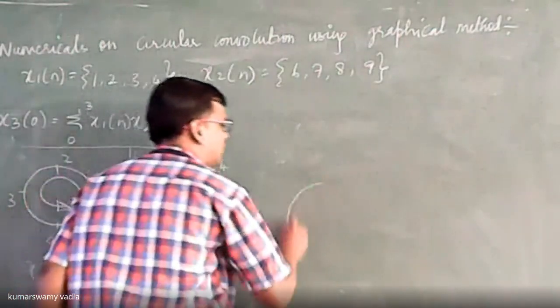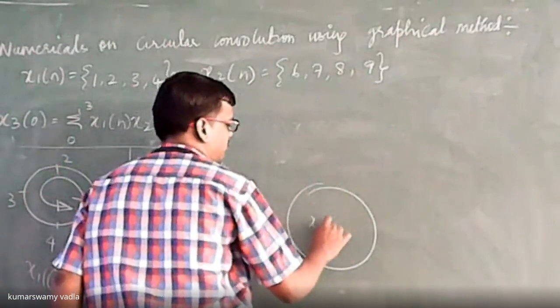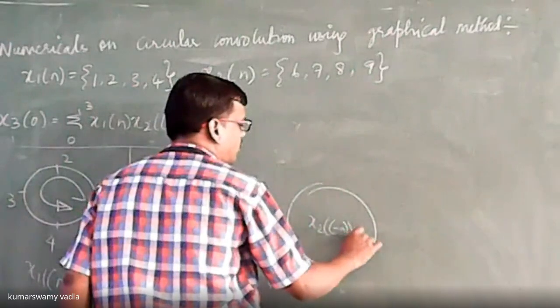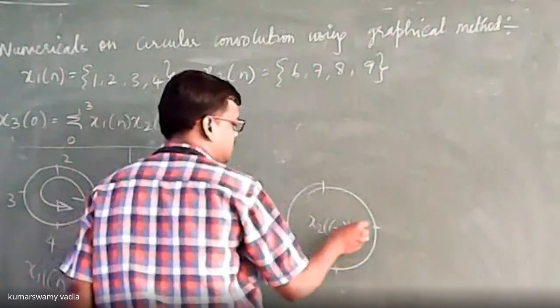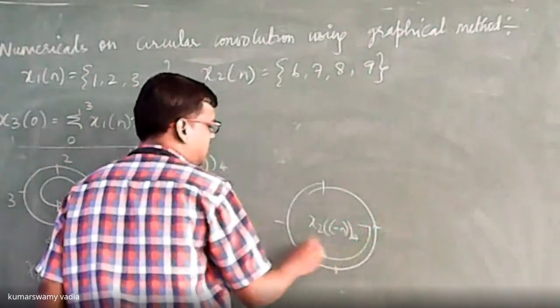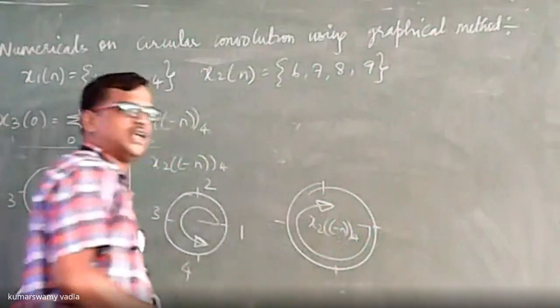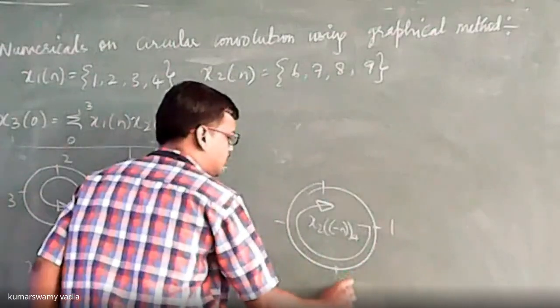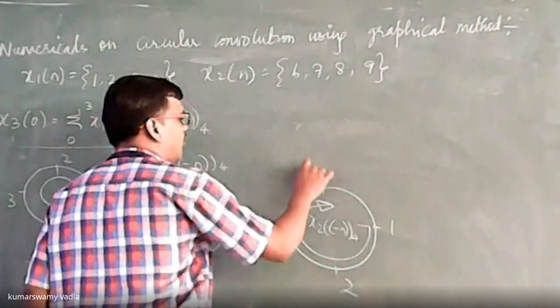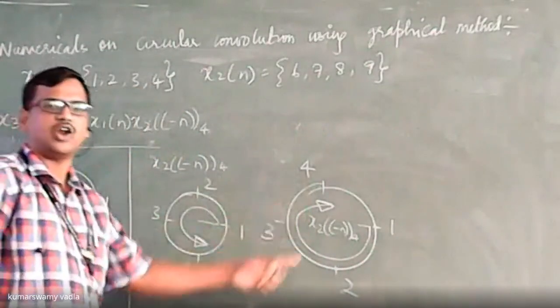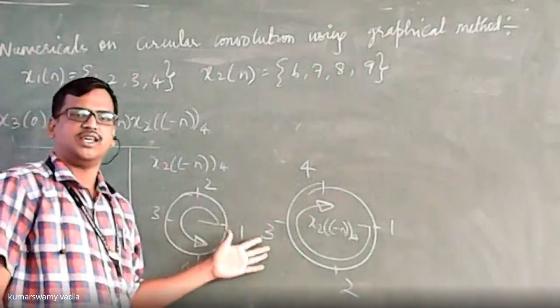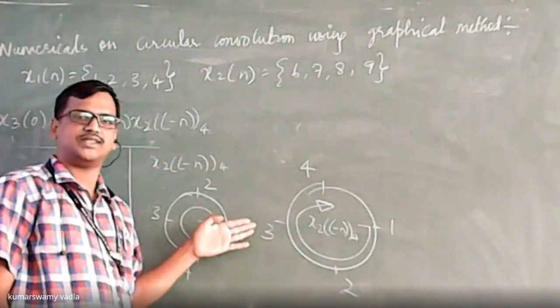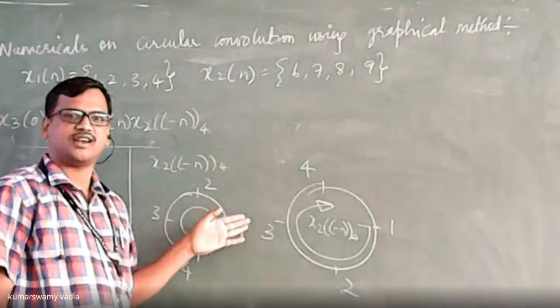Now, to get x2 of minus n modulo 4, you should rotate this in clockwise direction. So, this becomes 1, 2, 3, 4. It should start in clockwise direction. Is everyone convinced with this diagram, please? Is it clear?